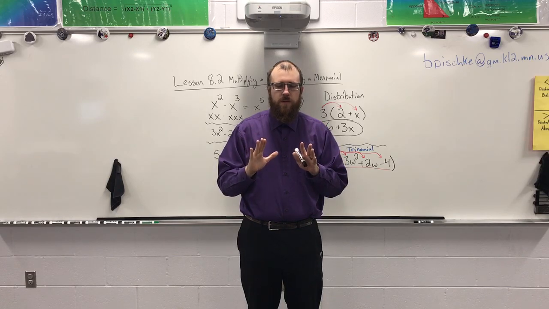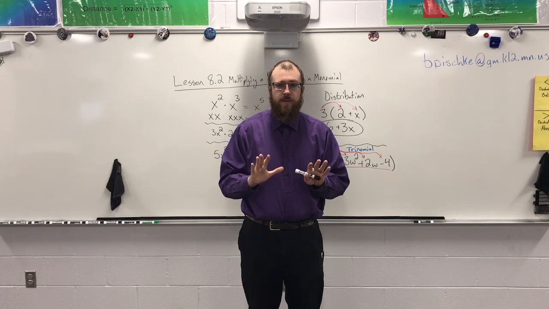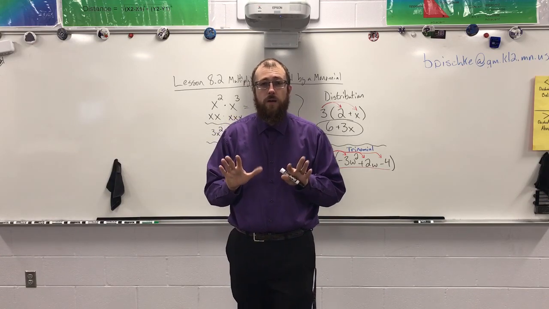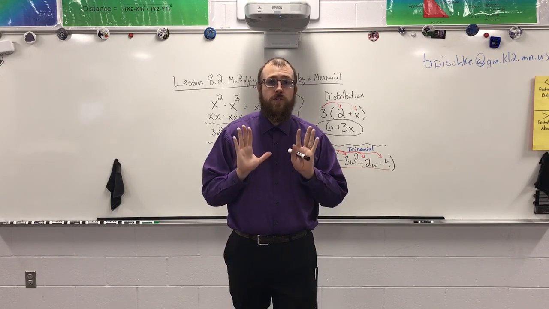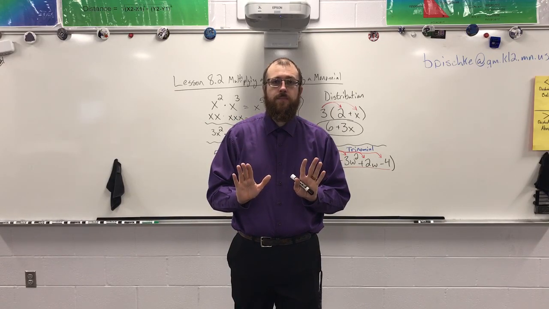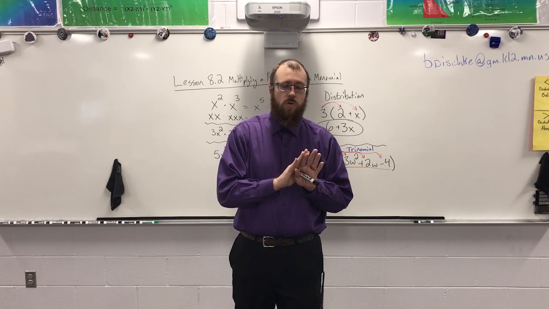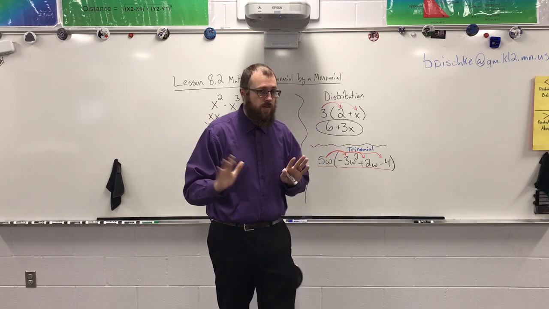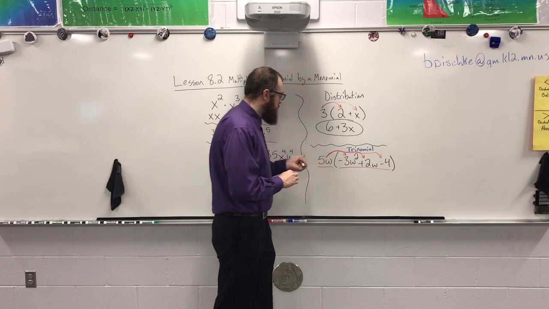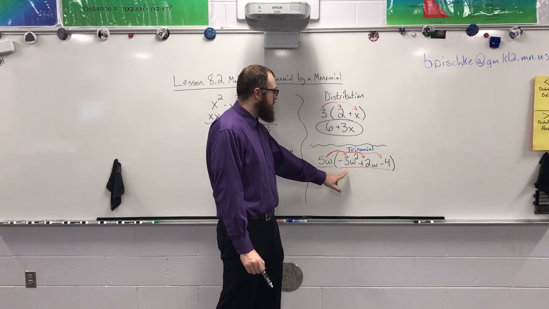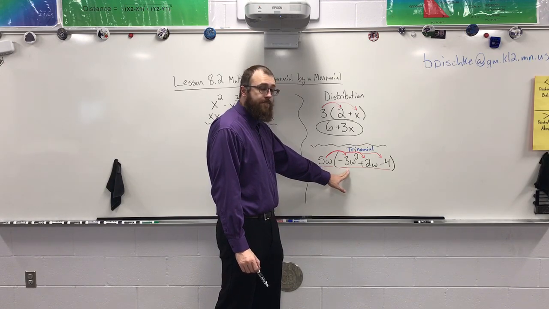Slow it down and take it one piece at a time. The old adage is, how do you eat an elephant? One bite at a time. We're just going to do one monomial multiplication at a time, and slowly, as we push through our distribution, we'll get to the end. Our first monomial multiplication is 5w times negative 3w squared.